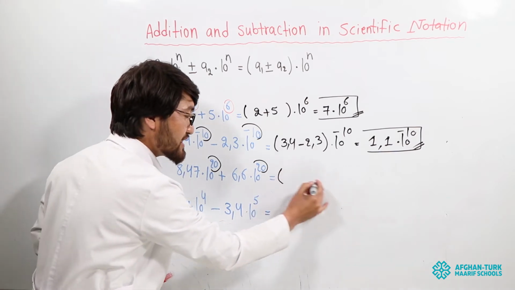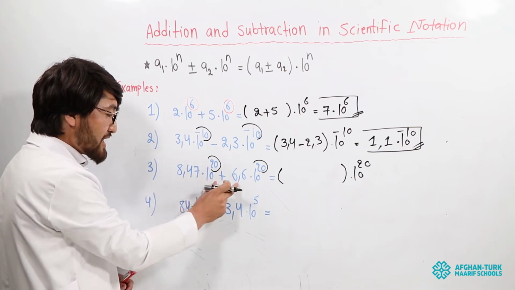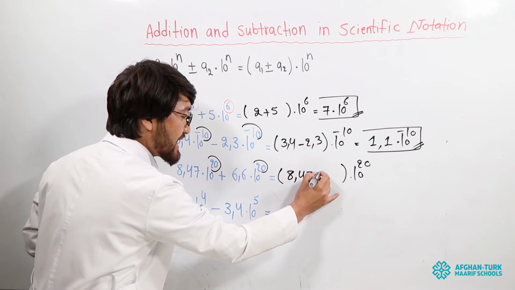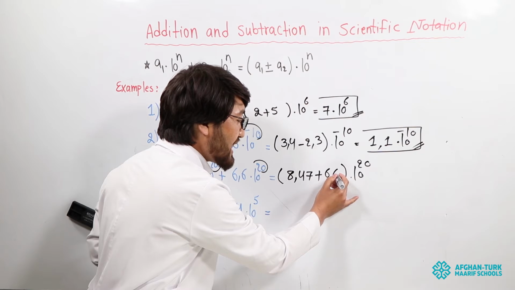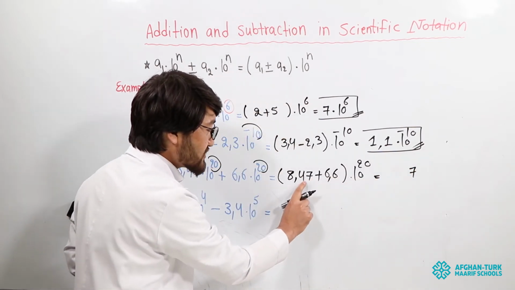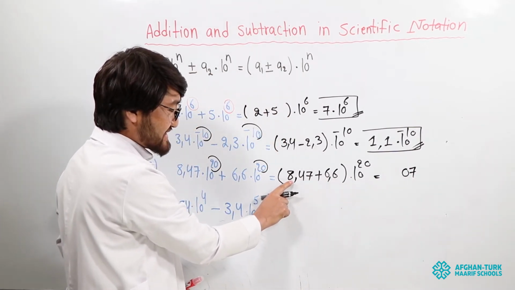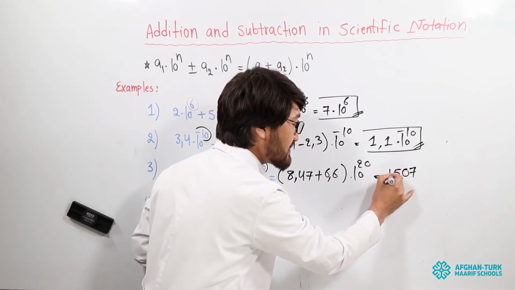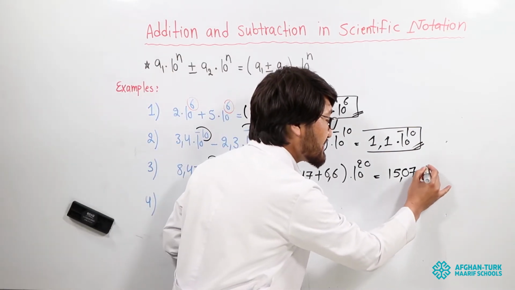We take 10 to the power of 20 as a factor, and now we add the two numbers, 8.47 plus 6.6. Adding them, we get 15.07 times 10 to the power of 20.